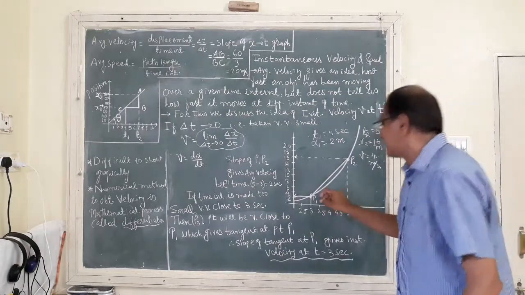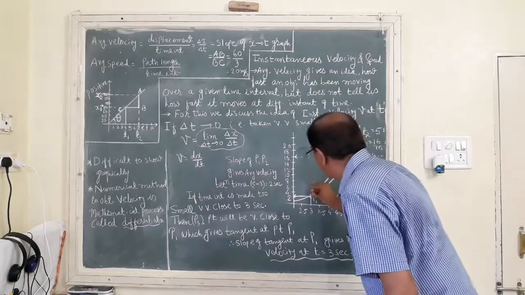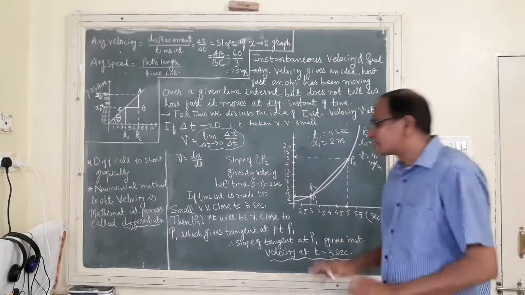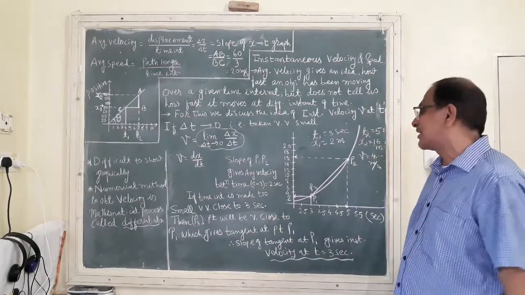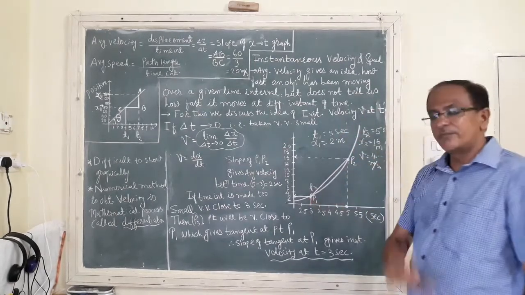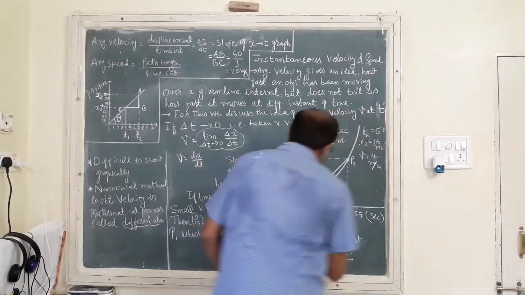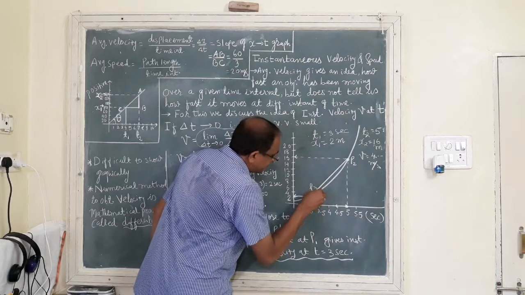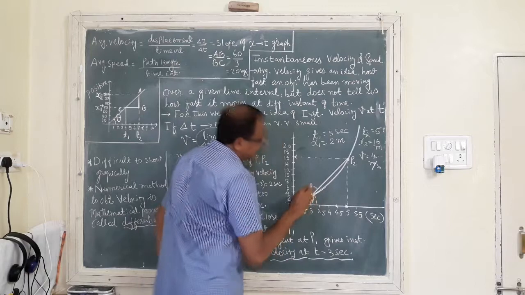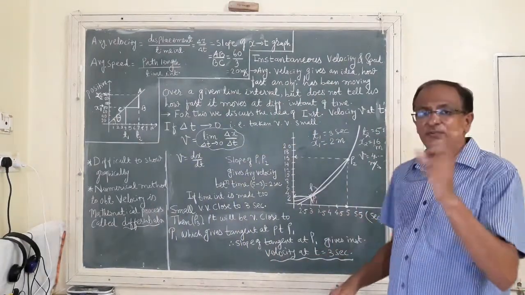Say this point P2 falling very close to P1, I take it as P3. Then if the time interval is made too small, very close to 3 seconds, this P2 will be very close to P1, and if you join these 2 points, it will give you a tangent at this point P1.